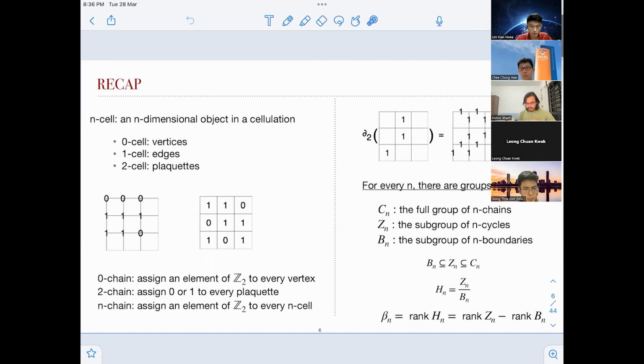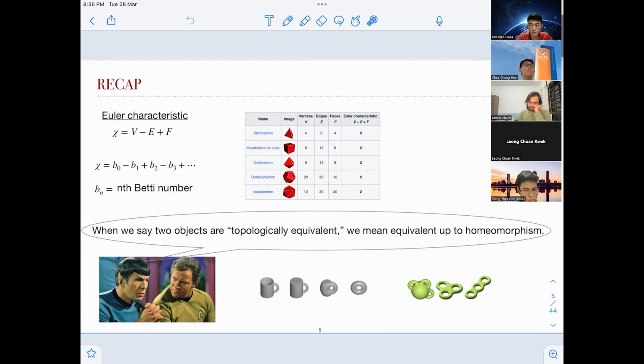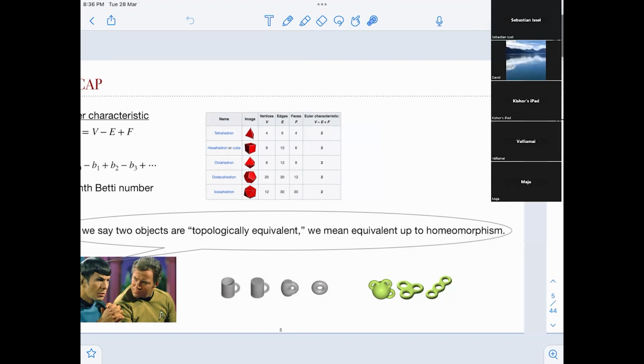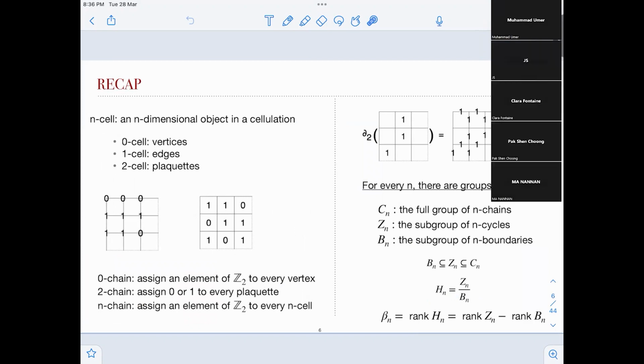Then we discussed the different Euler characteristics for different objects. Basically it is a topological invariant, and under homeomorphism a topological invariant remains unchanged.